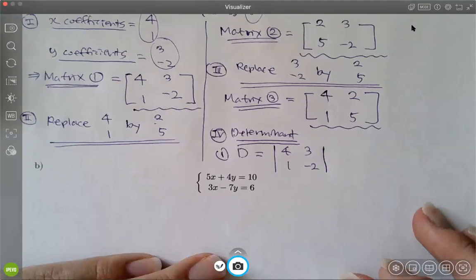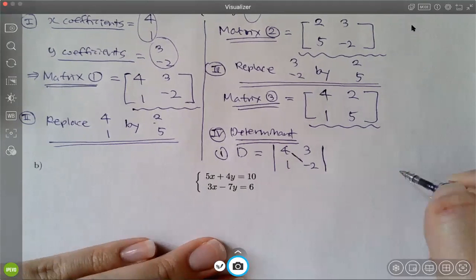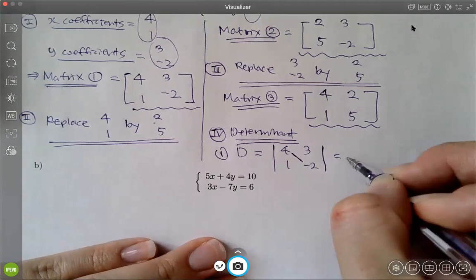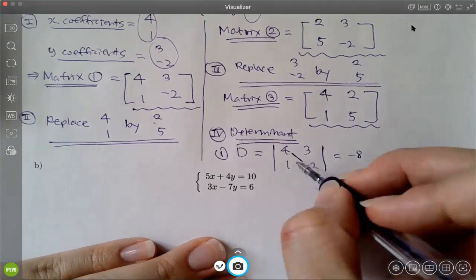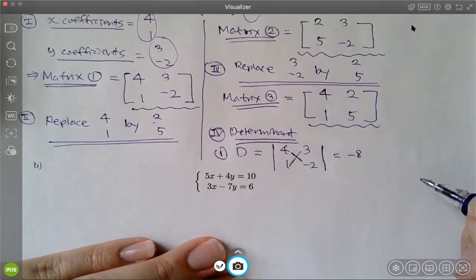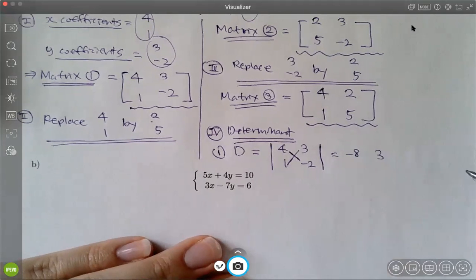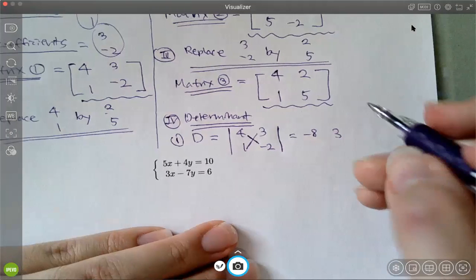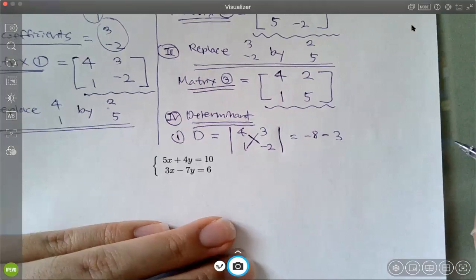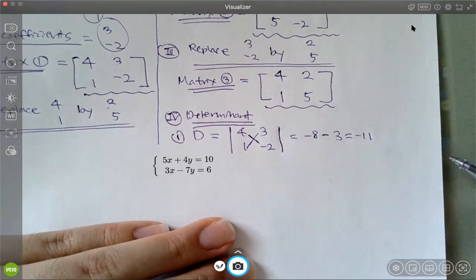How do you find it? First, you go this way and multiply them. What is this? -8. Then you go the other way and multiply, and you get 3. Then you subtract. So what do you get? -11. So -11 is D.